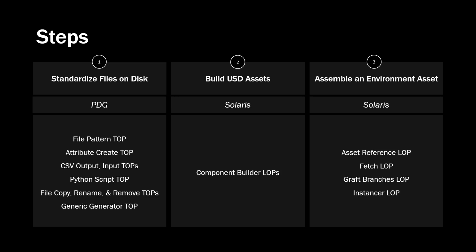So I decided to split the different steps that I'm going to show you today into three categories. The first one will be about standardizing the files on disk. This is not necessarily related to USD, but it was just a fun way to leverage PDG. I love the TOPs. Whenever I can, I try to insert some PDG in my workflows.